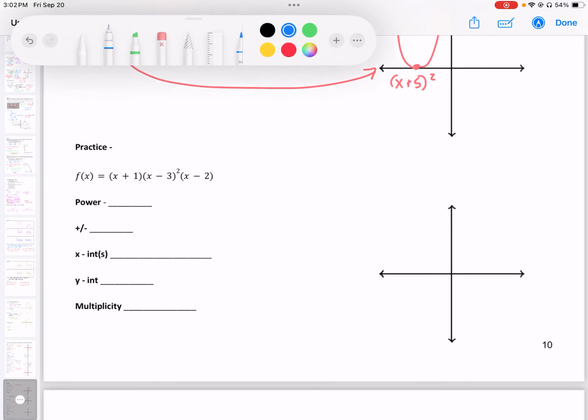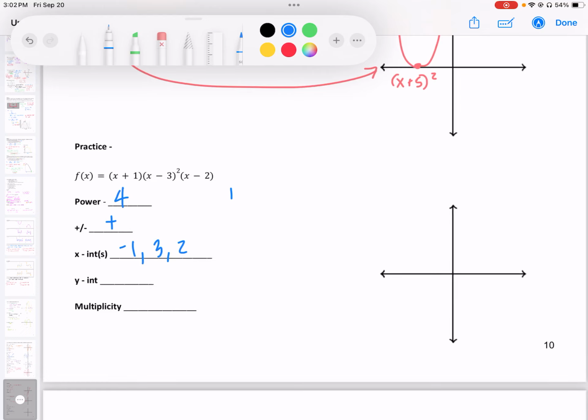The next one is a power of 4. It's positive, with intercepts of -1, 3, and 2. The y-intercept is 1 times -3 squared times -2, which will be -18, and there's a multiplicity of 2.